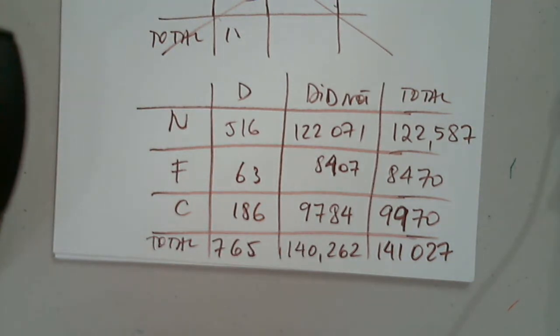Good, so now let's go back and see what we're asked to determine. Okay, we have four parts here. What is the probability that he died from cancer? So if we select one person at random from this study, what is the probability that she died of cancer?